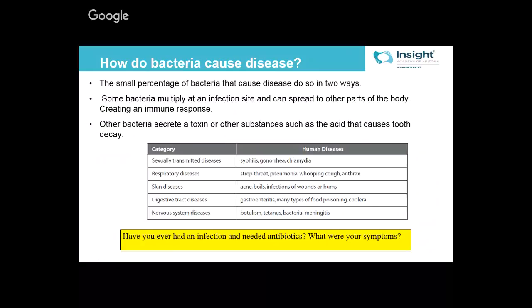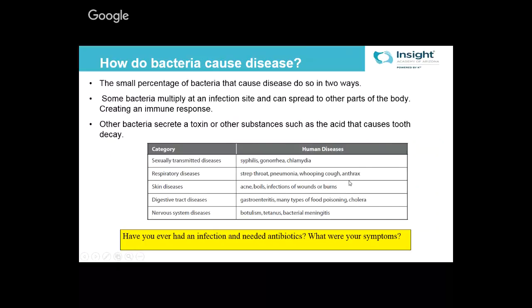Some of the human diseases that are bacterial include STDs, sexually transmitted diseases such as syphilis, gonorrhea, chlamydia. There are respiratory diseases like strep throat, pneumonia, whooping cough, anthrax. These are all respiratory diseases and require antibiotics. Skin diseases such as acne, boils, infection of wounds or burns.